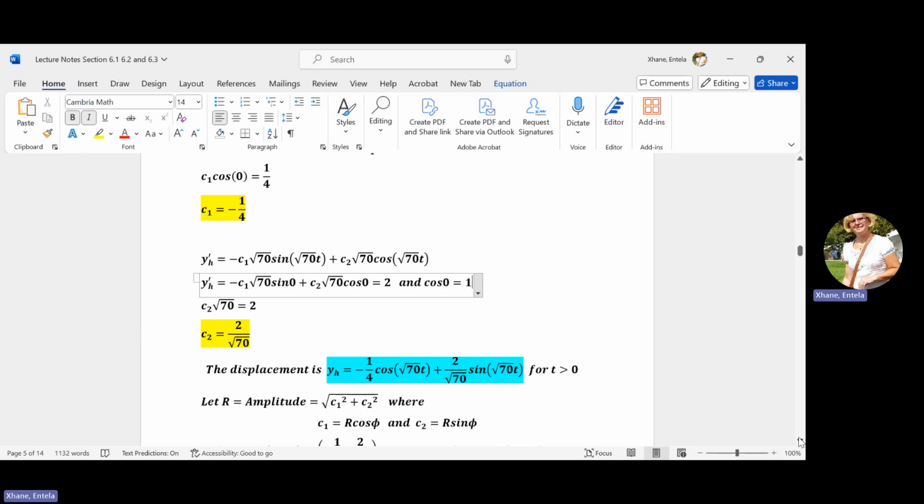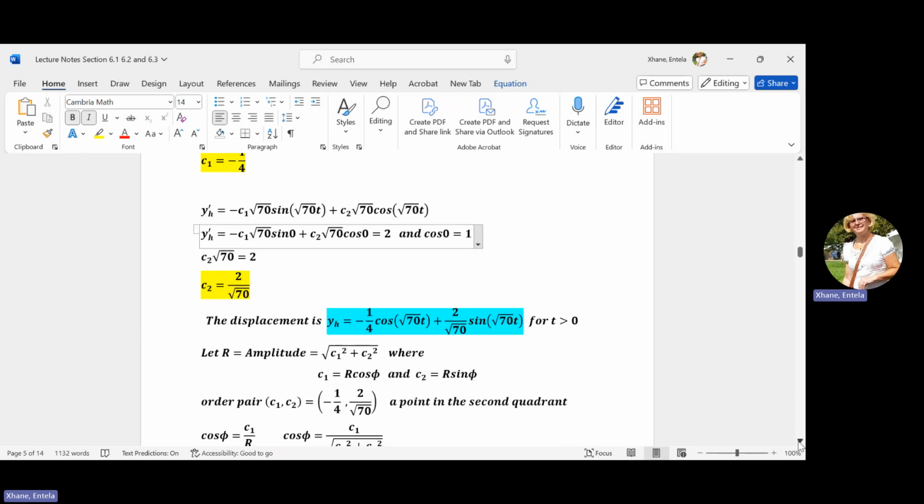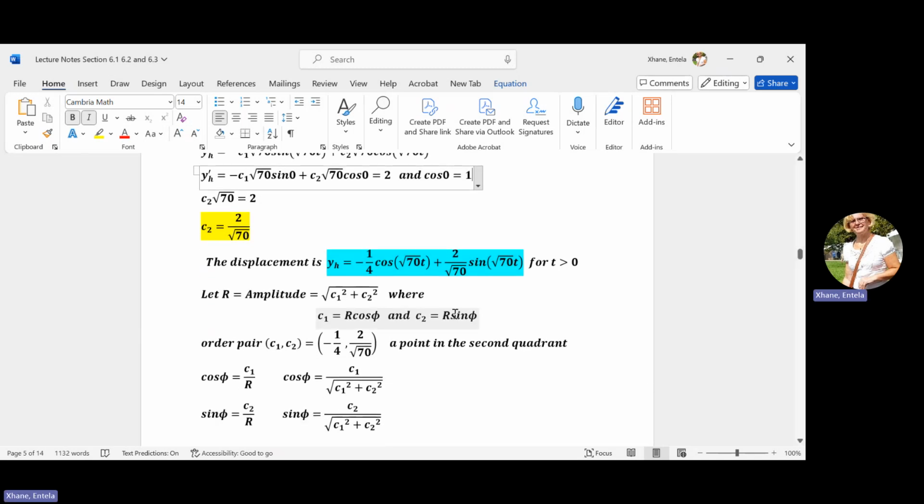So what we do to find the elements, if the displacement equation is given in this form, and C1 and C2 are given by respectively negative 1 over 4 and 2 over square root of 70, then the amplitude, big R, is computed as the square root of C1 squared plus C2 squared, where each one of those coefficients, C1 and C2, is defined by R cosine of phi and R sine of phi.